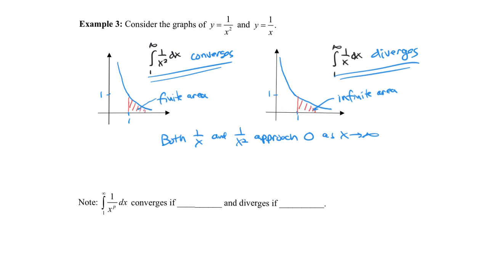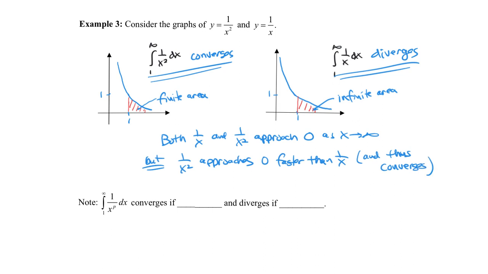But the difference is 1 over x squared approaches 0 faster than 1 over x, and fast enough to converge. It approaches fast enough to converge.